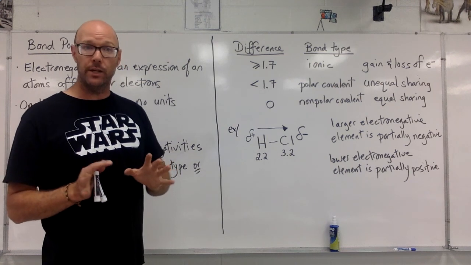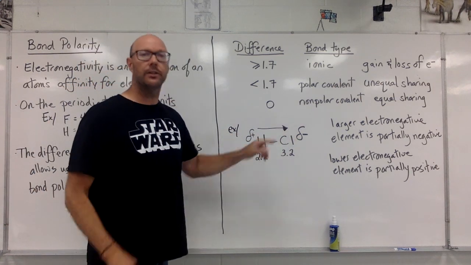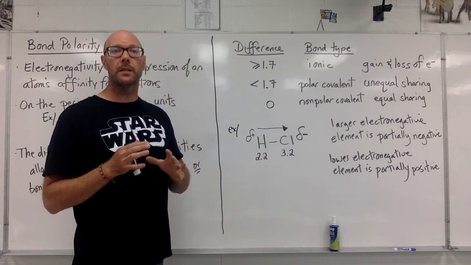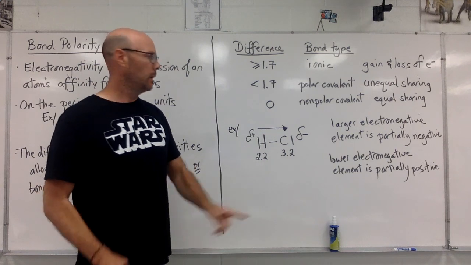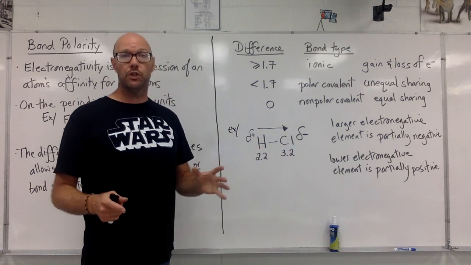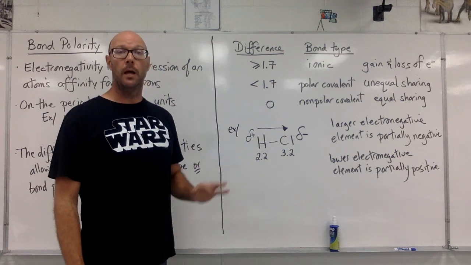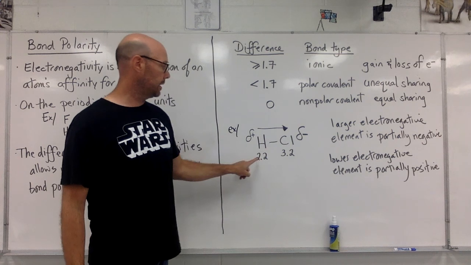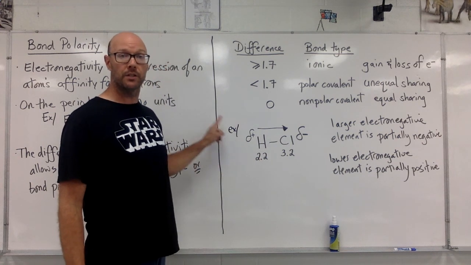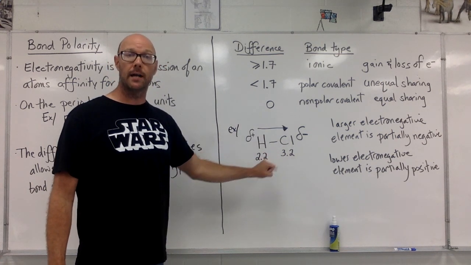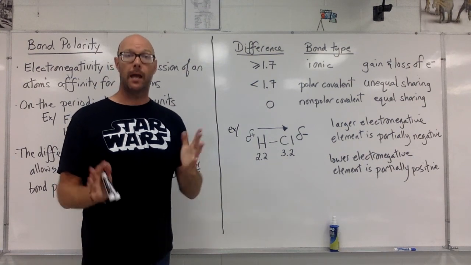We have some new notation. This Greek letter delta, lowercase delta, is something that we maybe have not seen before. We're going to use it in all kinds of situations moving forward in your life, not in this course, to mean partial. The higher number, partially negative, the lower number, partially positive, and put an arrow pointing at the higher number. And I hope that helps.